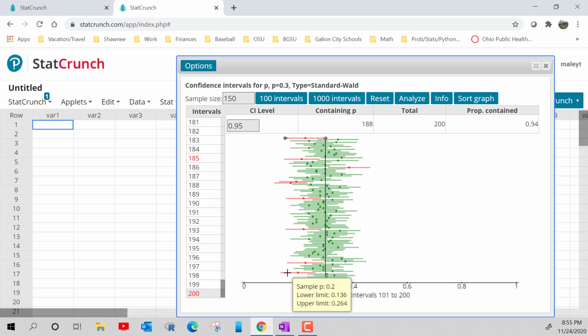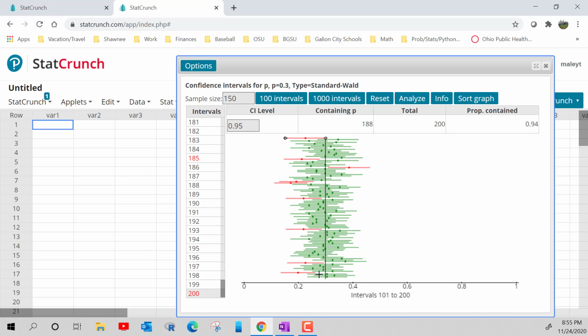If you pick this apart, these diamond-shaped values, or dots, to me they look more like diamonds, are your p hat values that were calculated, and then the bar going to the left and to the right is the margin of error, so it's showing the width of the confidence interval.